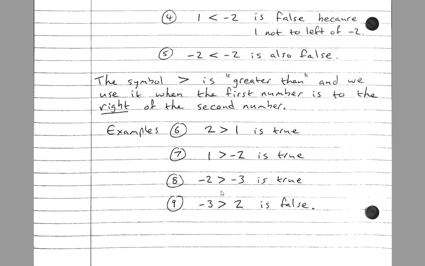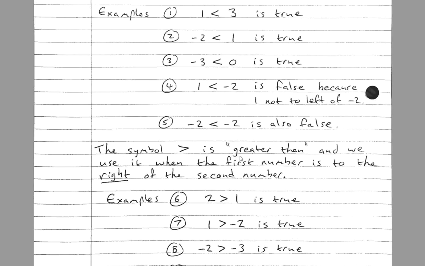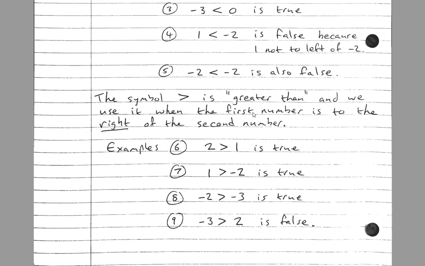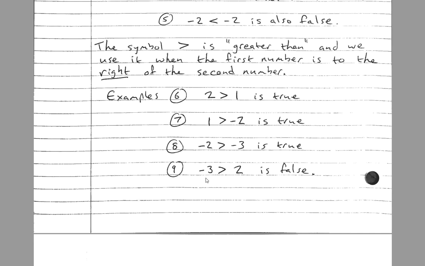Here's one where it's easy to make a mistake. Is negative 2 to the right of negative 3? Let's check on the number line. Negative 2, yeah, it is to the right of negative 3. And negative 3 to the right of 2, yeah, that's definitely false.